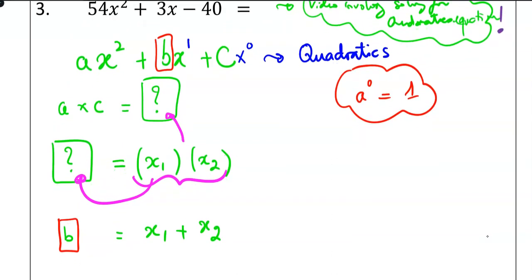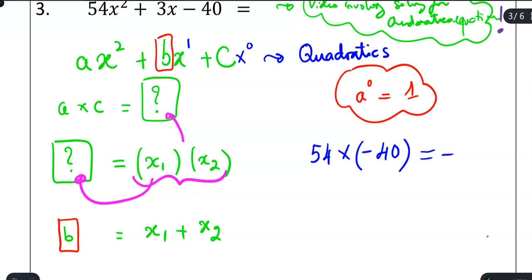So what I have to do next is I will take 54 times negative 40. Don't forget to include the negative sign as well. All right, okay. So when I multiply these two numbers, I should end up with negative 2,160. Let's check that.